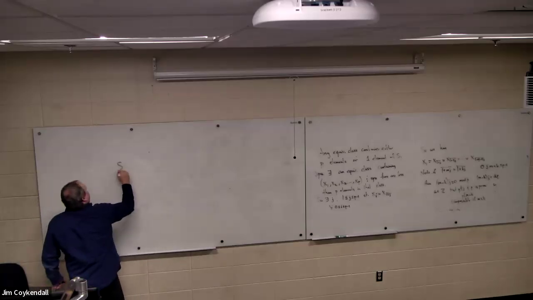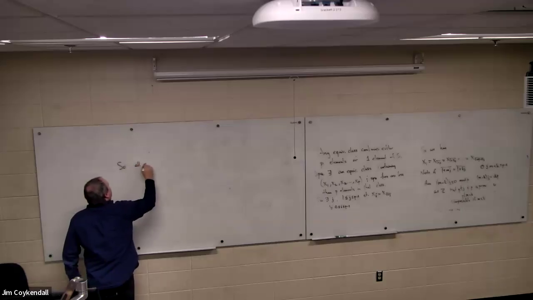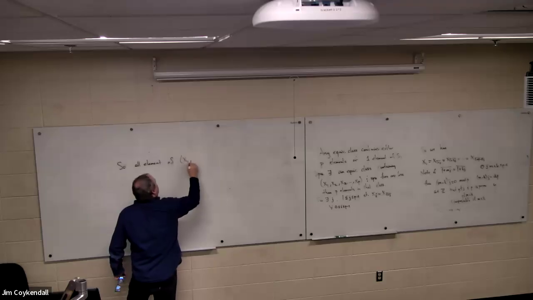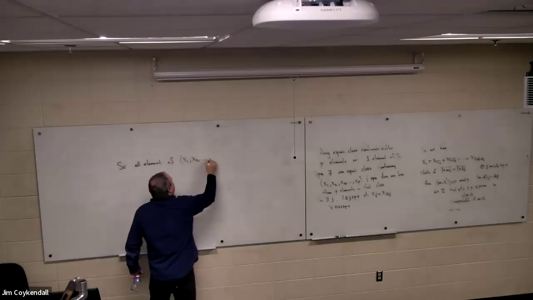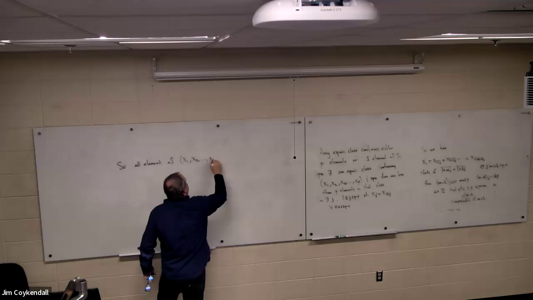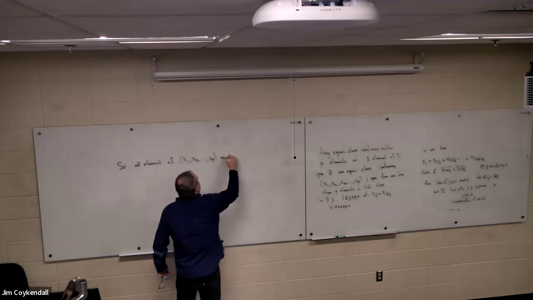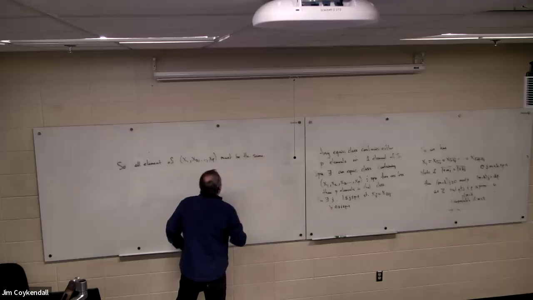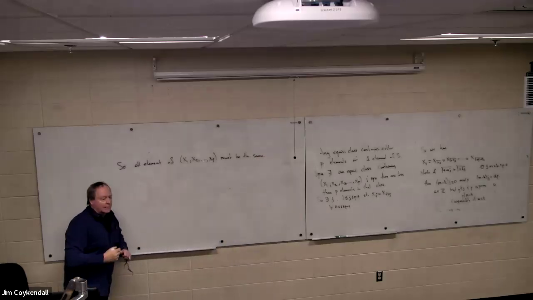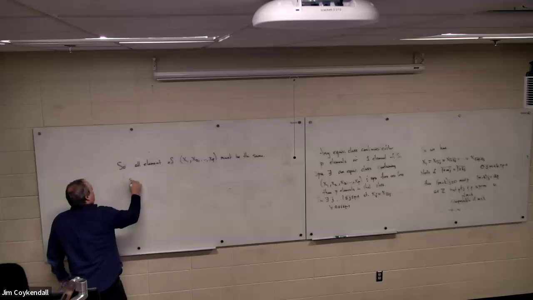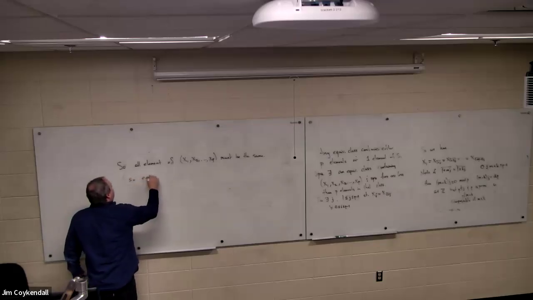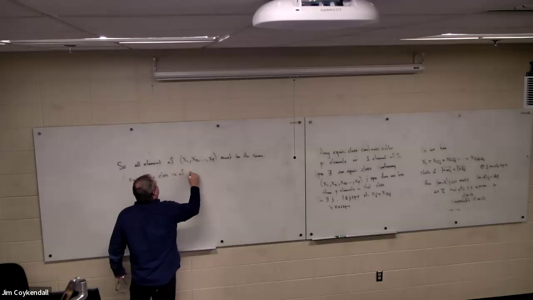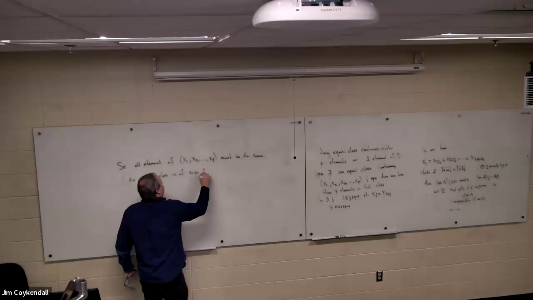So all elements X1, X2, through XP must be the same. So the equivalence class is of size 1.